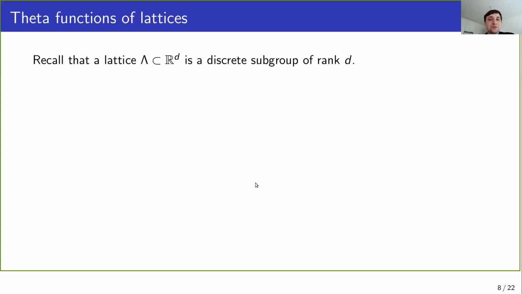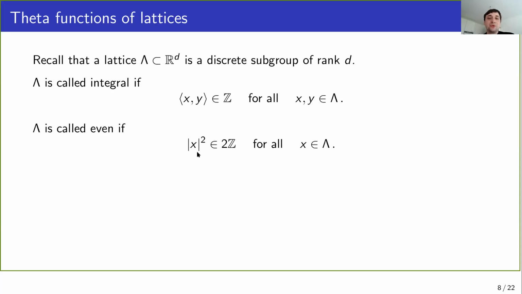So now we turn to the geometric side. Instead of looking at the one-dimensional lattice Z inside R, we can look at higher dimensional lattices. And I'll just briefly recall what they are. Well, some notation, but I'm sure all of you know it. We call a lattice integral if all the inner products are integral. We call it even if all squared norms of vectors are even.